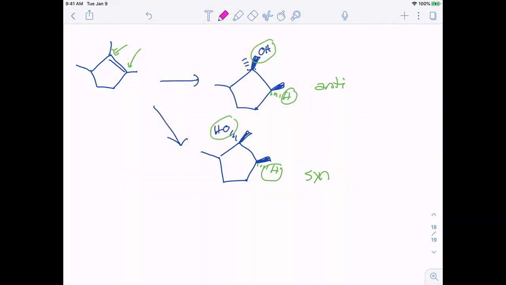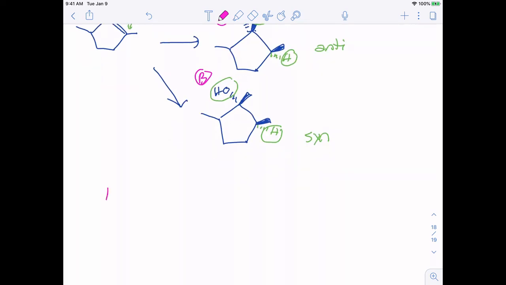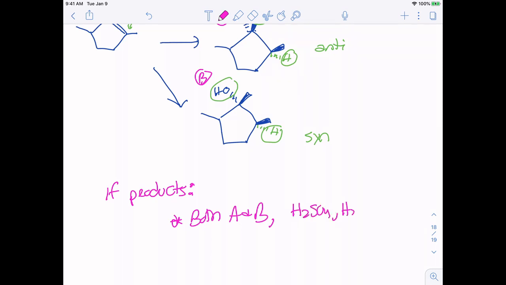Let's actually number them. So if this is A and this is B, so if our products are both A and B, then we're using H2SO4 and water, right? That's going to be our answer.